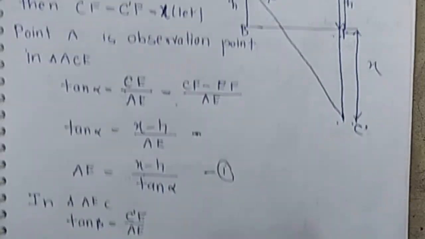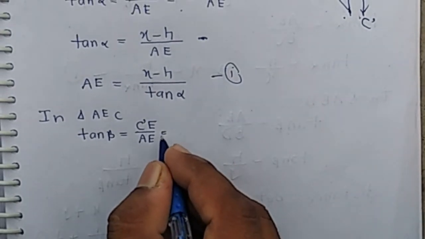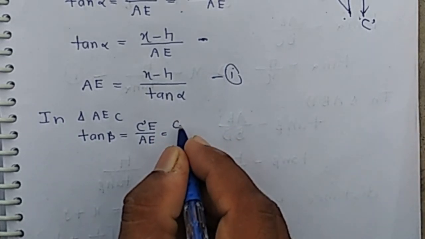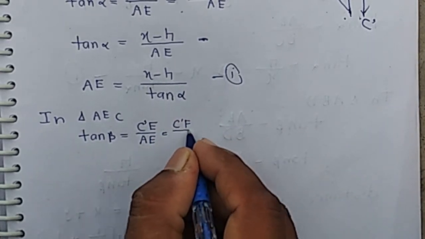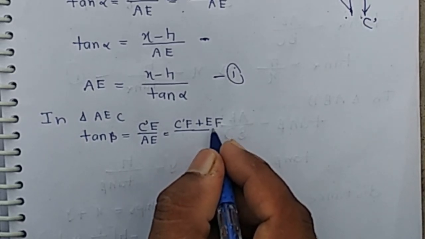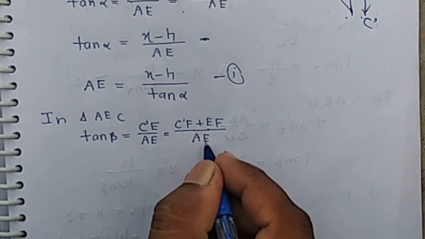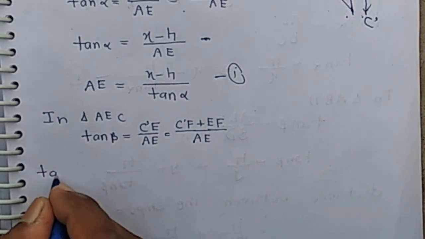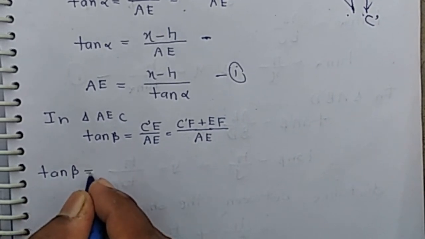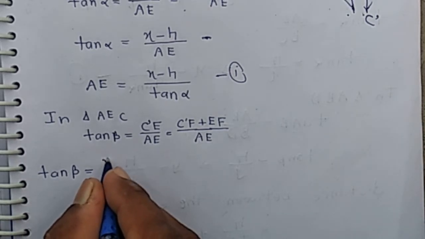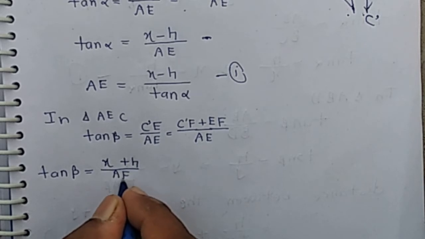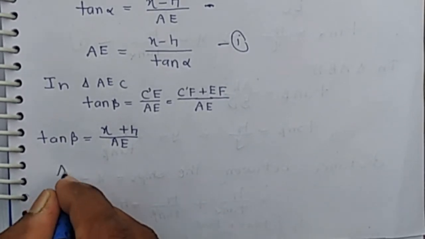C dash E is equal to C dash F plus EF by AE, and tan beta is equal to X plus EF, which is H, by AE, and we get AE from here.